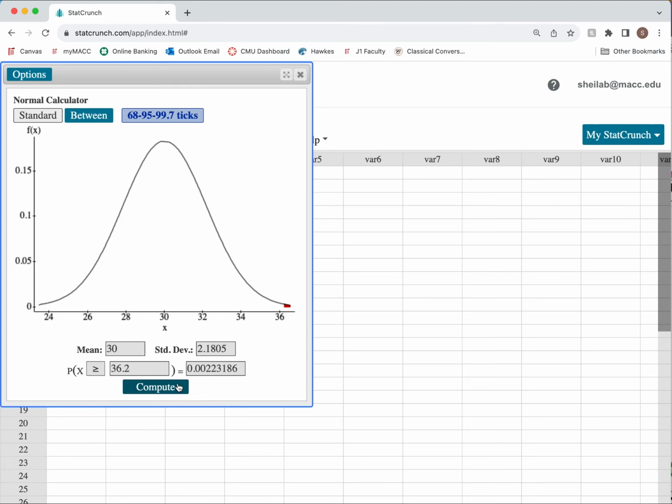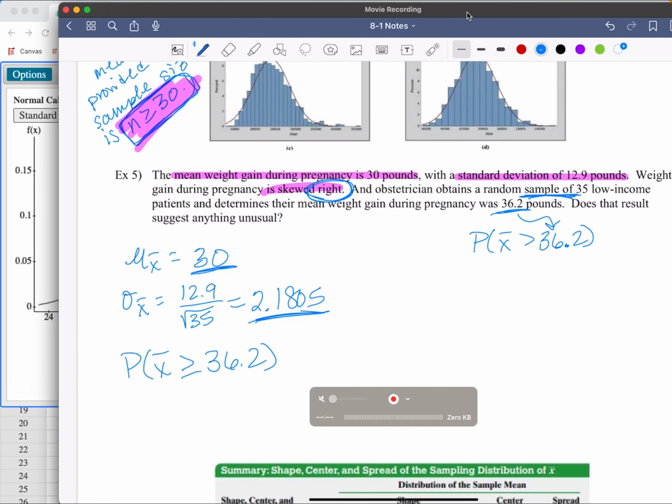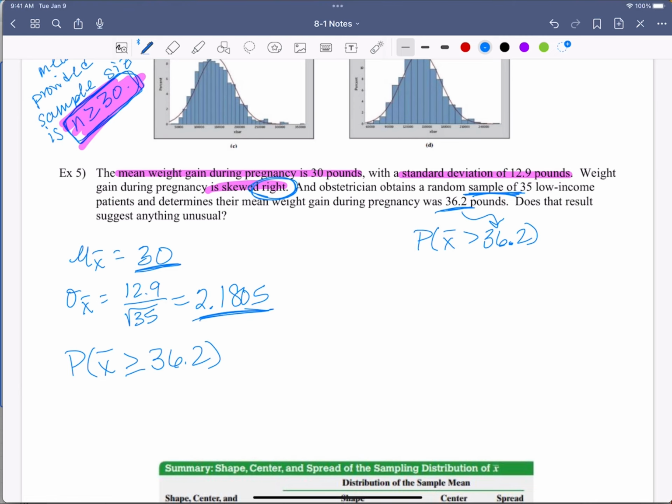And there it is, 0.0022. That's the probability that they're going to gain more than 36.2 pounds, based on this sample.